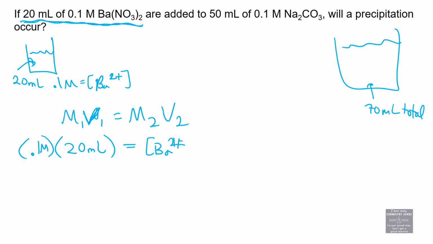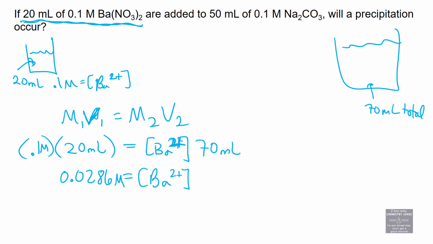And my total volume now is 70 milliliters. Plug and chug, and I figure out that my concentration of barium in the new 70 milliliter solution is 0.0286, if I did my math correctly. That's my new concentration of barium.